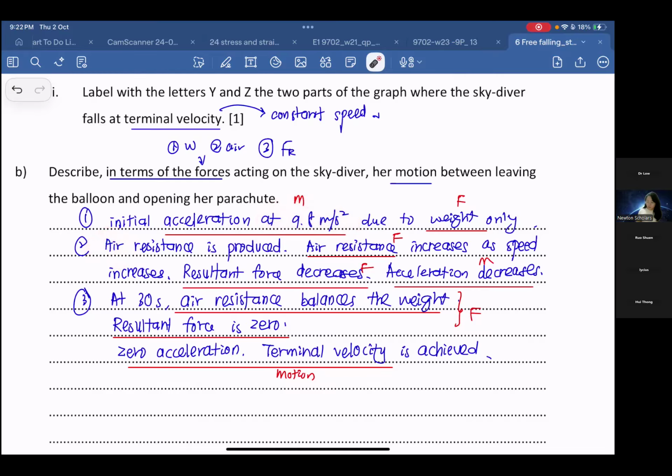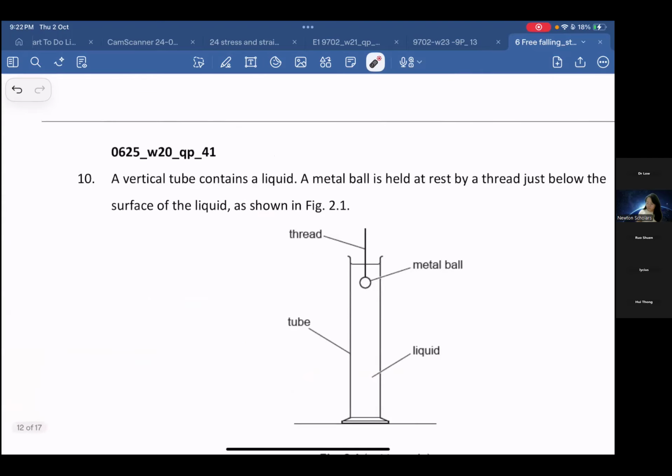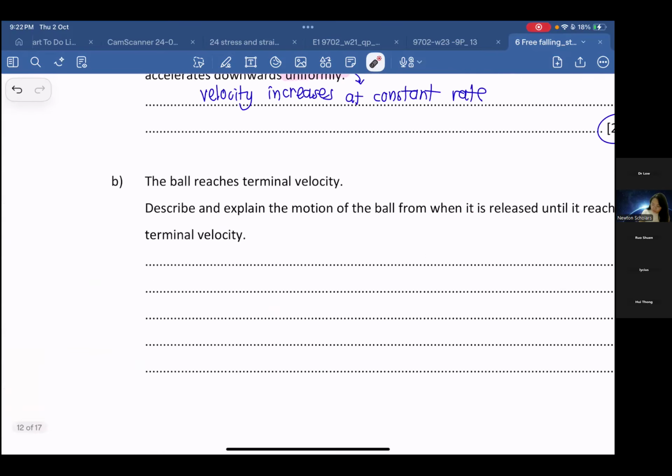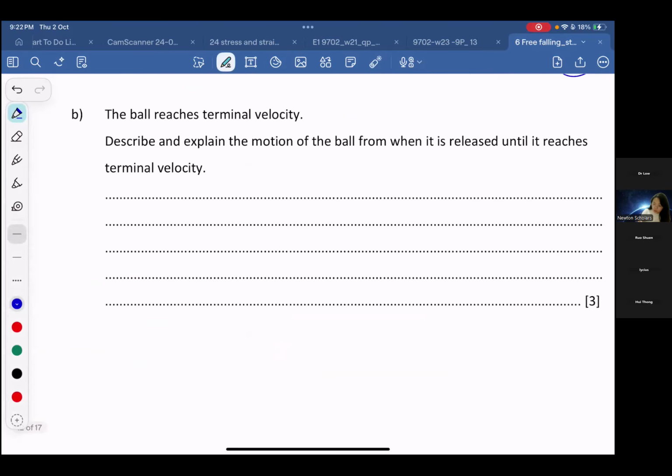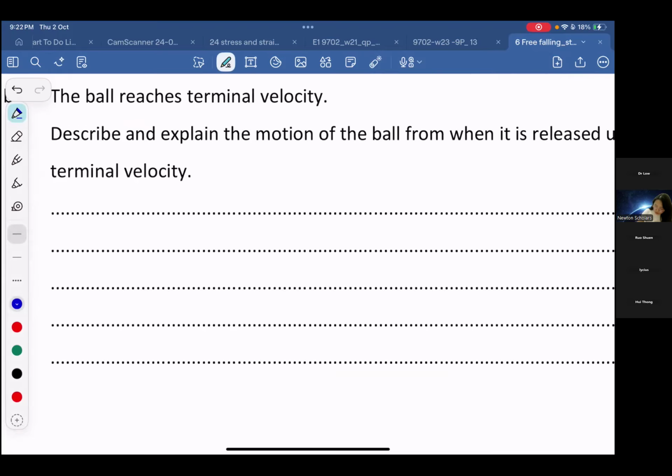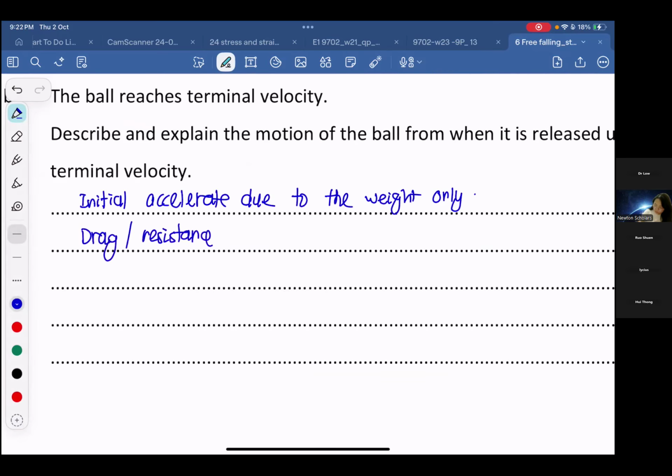So here, we write down. Initial acceleration is due to the weight only. Then after that, you can say drag or resistance force.